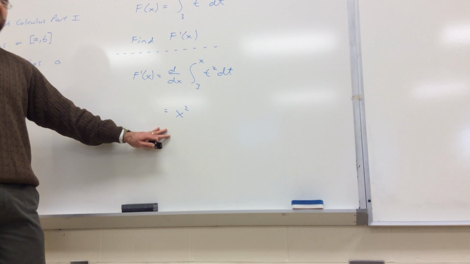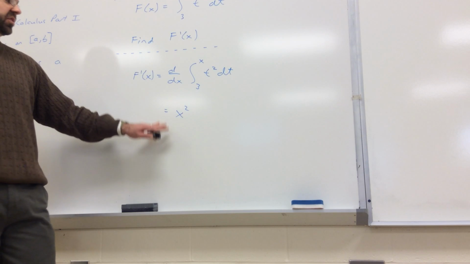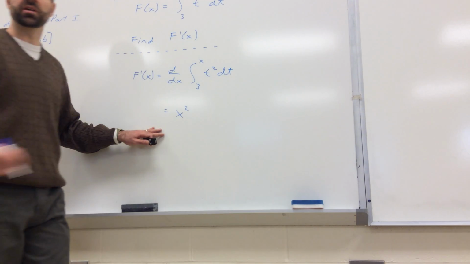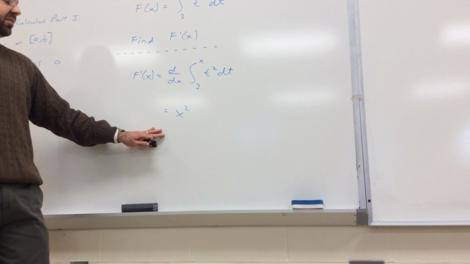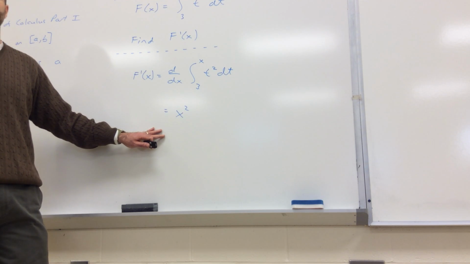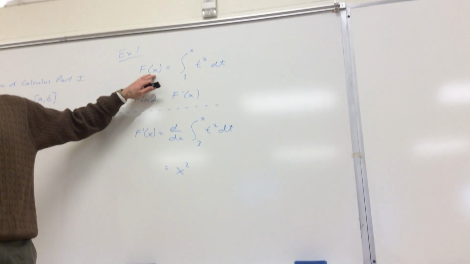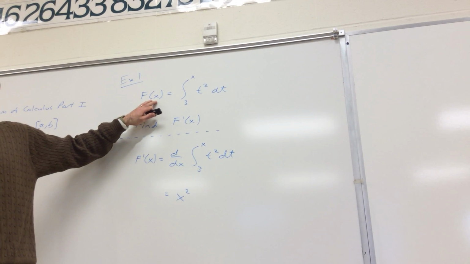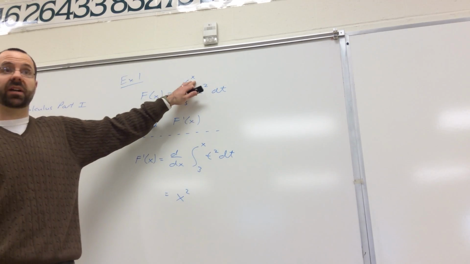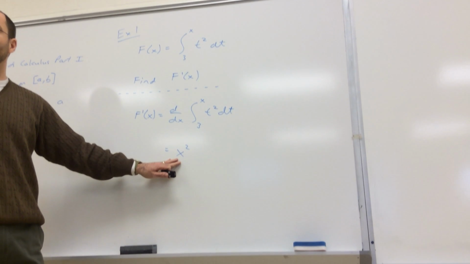Okay, now people always wonder, okay, I see where you got the squared, because those cross out, see what I'm saying? But why did the t change to x? So here's at least a decent answer about why that's true. Capital F is a function that inputs x. The input variable is x, right? So the derivative of it needs to input x as well.